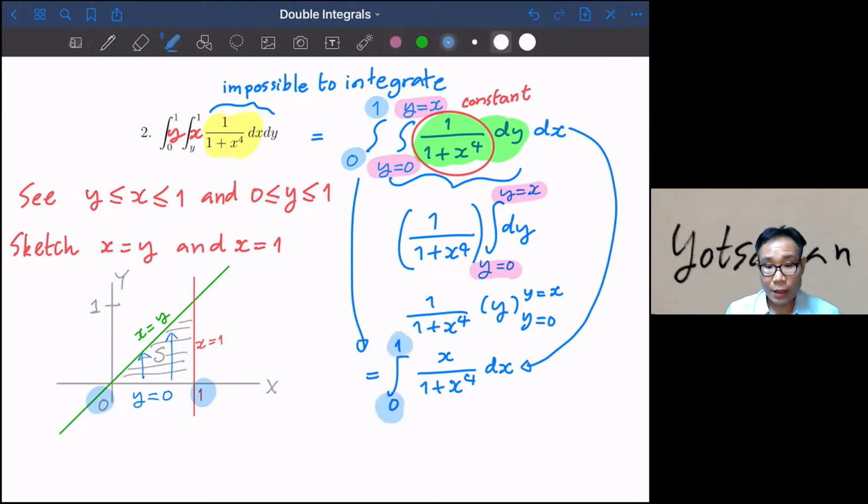The last thing that we're going to compute is we need to integrate this one. The way we're going to integrate this one, you may have to think about it a little bit. X to the 4th here can be written as x squared.